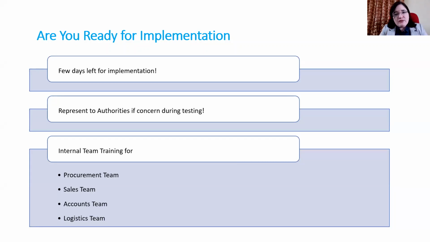Then friends, internal team training is required. As a company, your procurement team should be aware about e-invoicing. Why? Because they are procuring and receiving the e-invoices. They should know that from vendors above 100 crore, they should receive the tax invoice with QR code. What is the QR code?